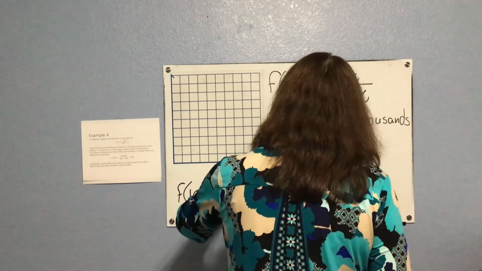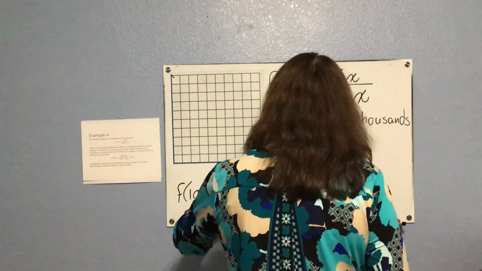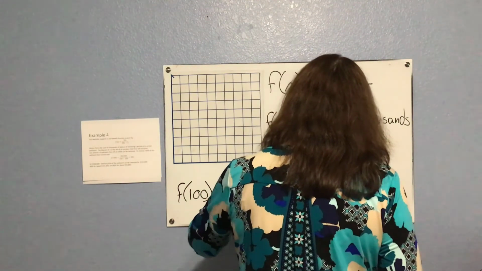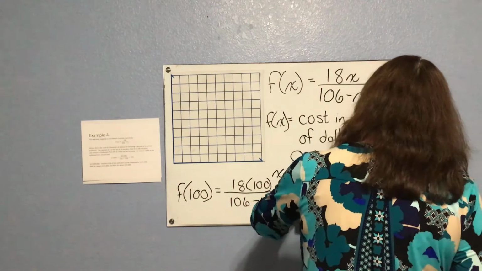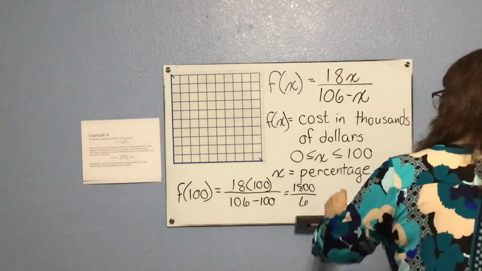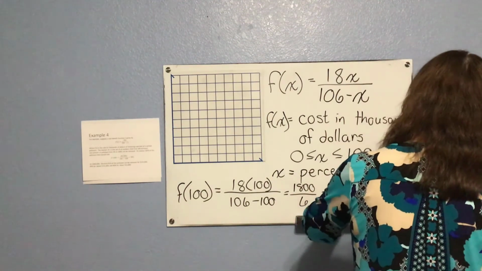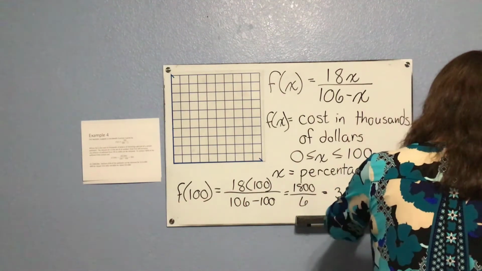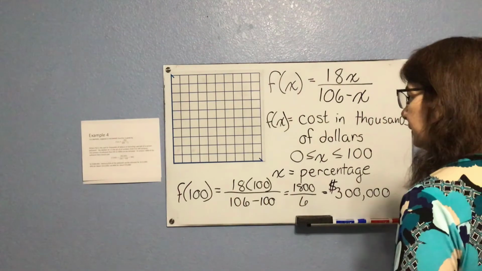So it's going to be 18 times 100 over 106 minus 100, so 1800 divided by 6, which would give us a total of $300,000 if we're going to remove everything.